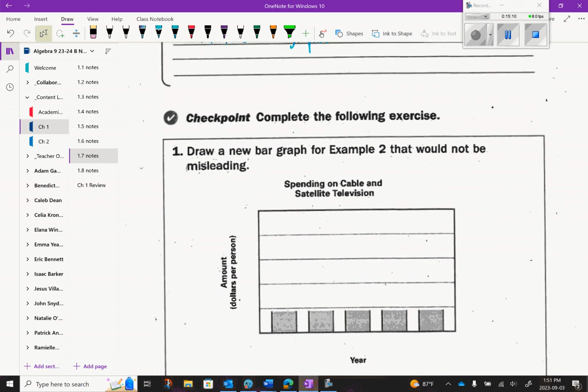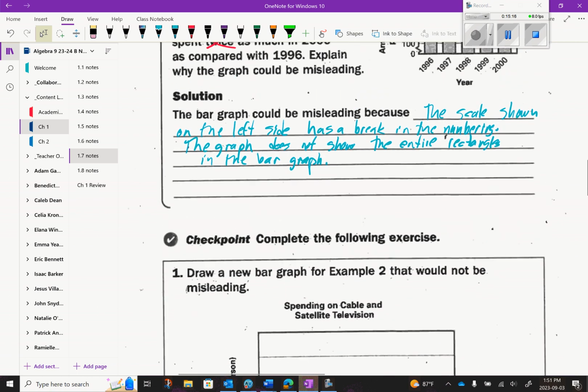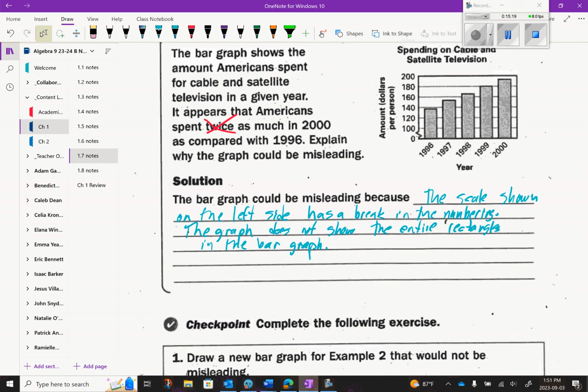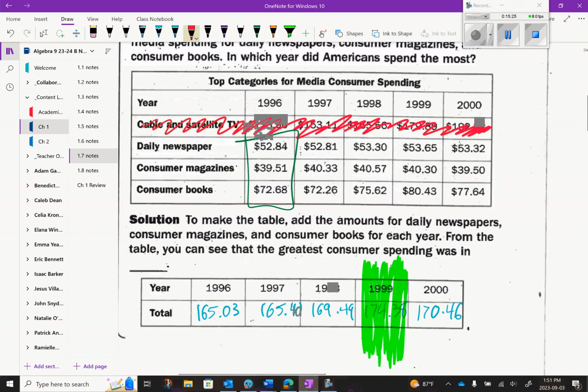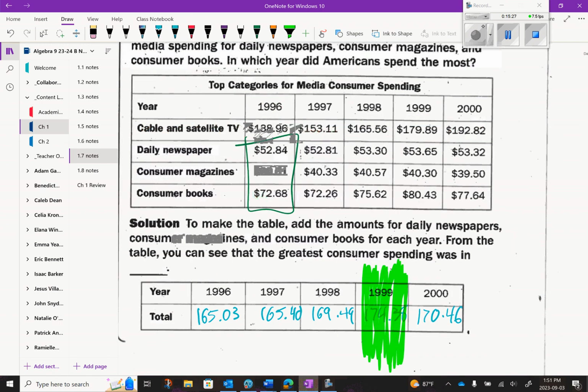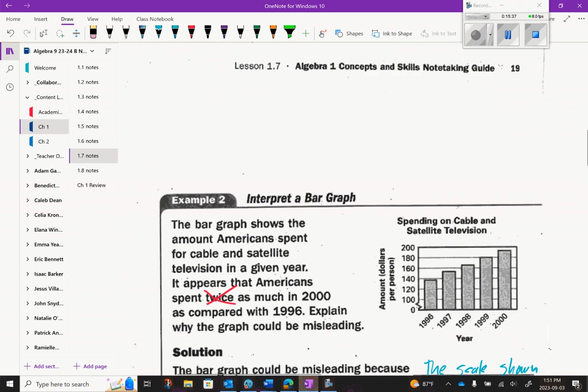So they're asking you in this one to draw a new bar graph that would not be misleading. Let's go back and look at that first line there. 1996, it's $138.96.